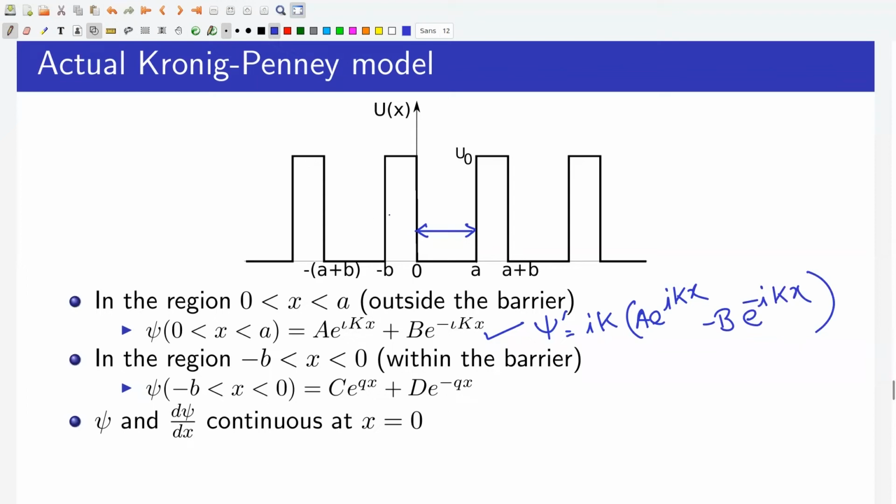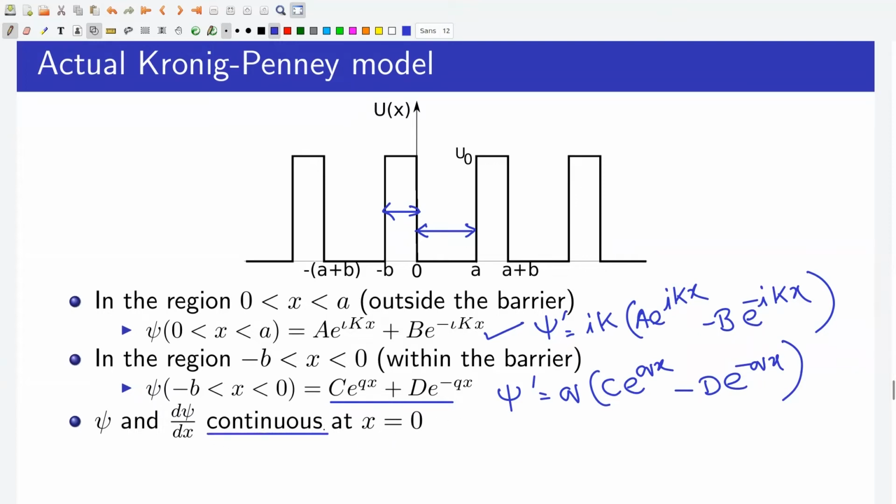Now, in the region between minus b and 0, the solution is C e power qx plus D e power minus qx. And the first derivative is psi dashed equals q times C e power qx minus D e power minus qx. Both psi and d psi dx are continuous at x equal to 0.